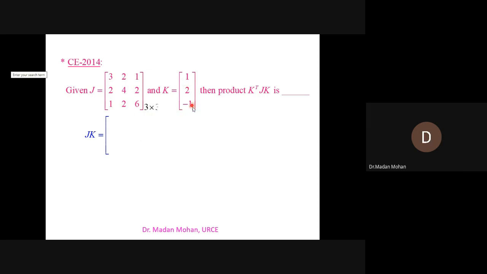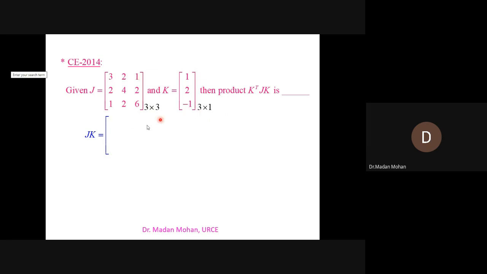What is the order of K? 3 cross 1. Very good. What is the order of the product JK? 3 cross 1. Right. 3 cross 1 means you will get 3 rows but only 1 column. Now 3 2 1 with 1 2 minus 1.